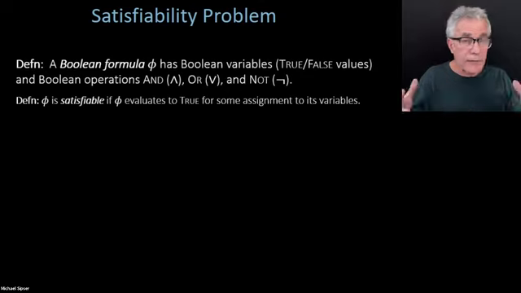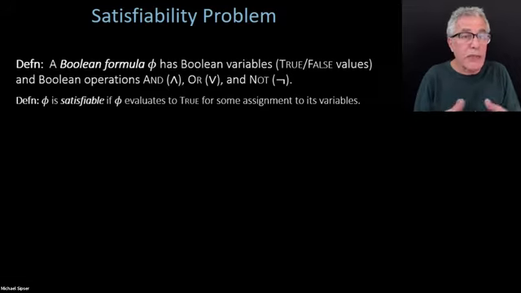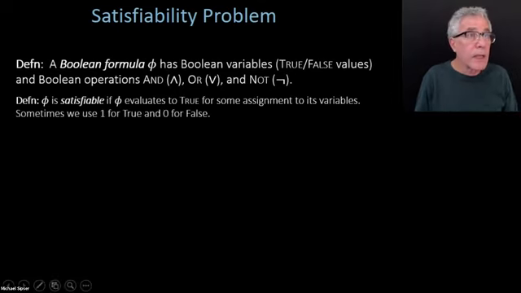Just like arithmetical formulas will have some value if you plug in values for the variables, a Boolean formula is going to have some value if you plug in Boolean values for its variables. And I want to know, is there some way to plug in values which makes the whole thing evaluate to true? So the formula itself is going to evaluate to either true or false, and I want it to evaluate to true.